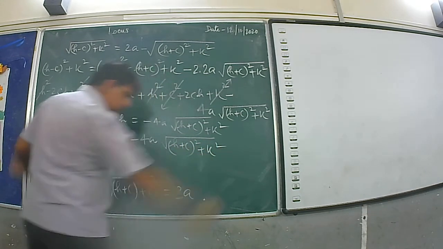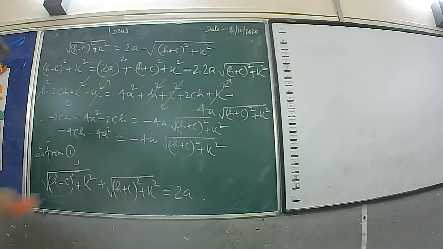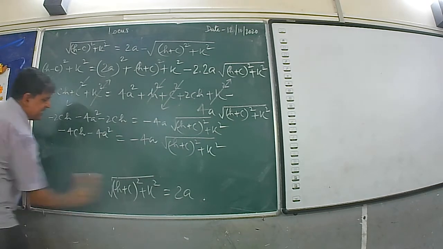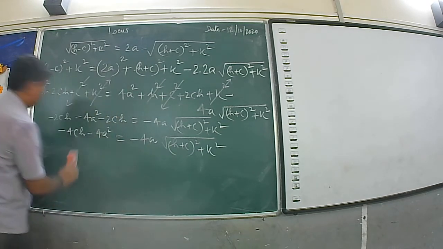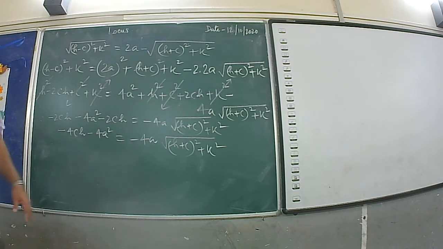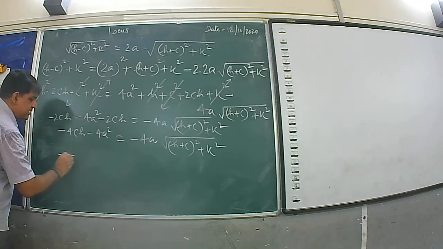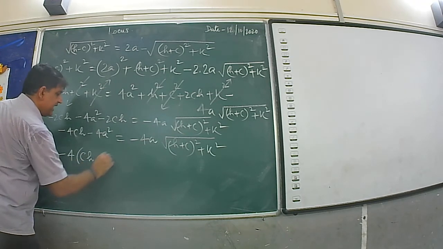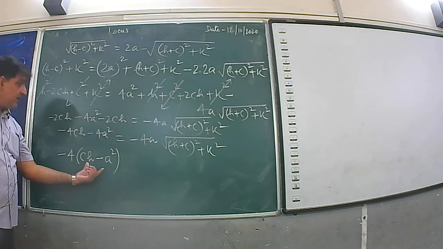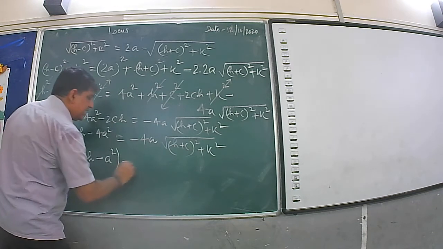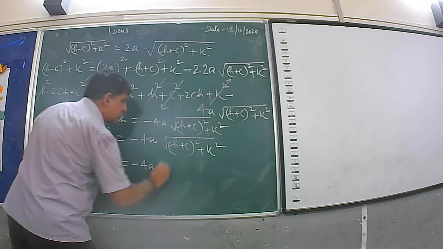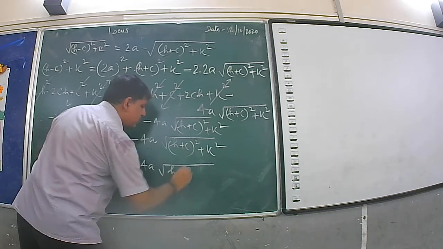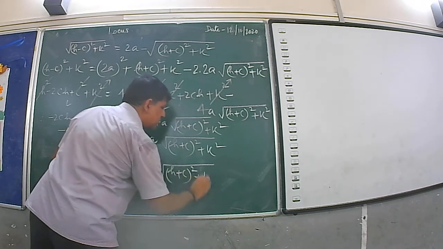After getting this result, you can take minus 4 common to the left hand side. If you take minus 4 common, you will get ch plus a square on the left hand side, and on the right hand side you will write minus 4a root over (h plus c) whole square plus k square.